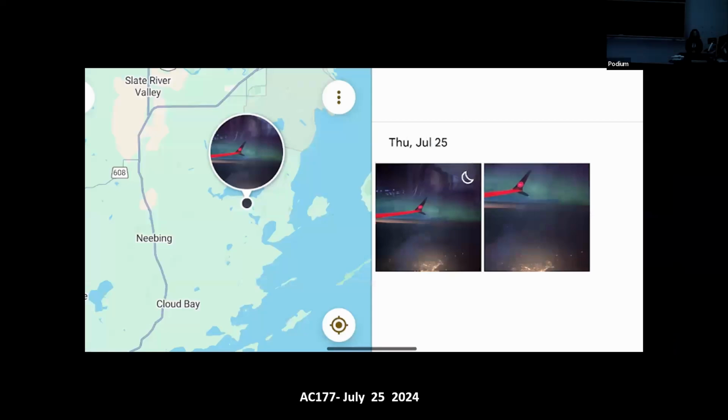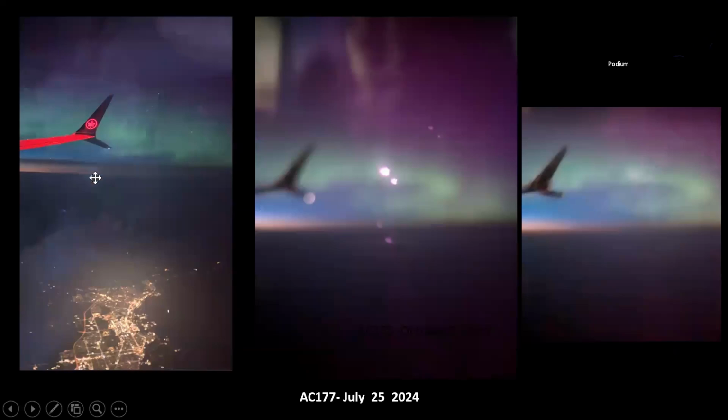Then on July 25, on my trip to Edmonton, when I looked at the Space Weather page, I was able to see that there were northern lights. Then just in Ontario, this is Lake Superior, so I was able to see the northern lights. It's hard to take pictures.